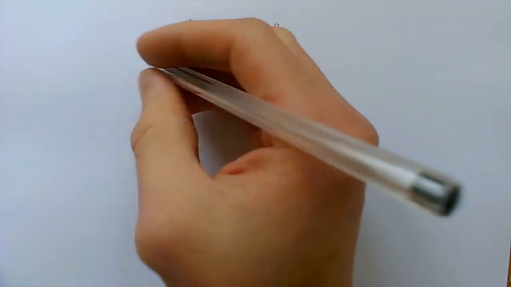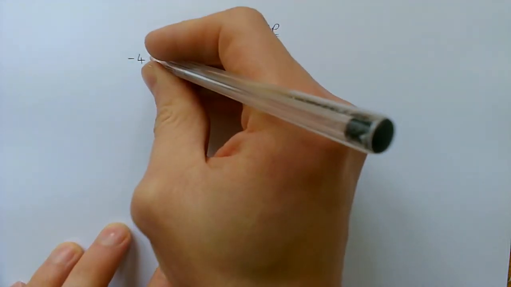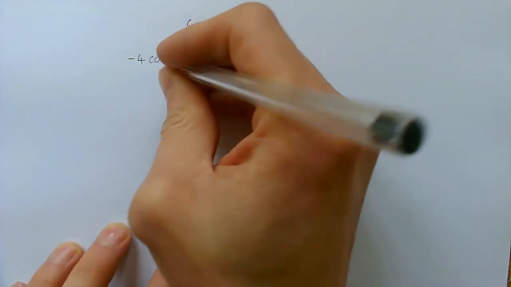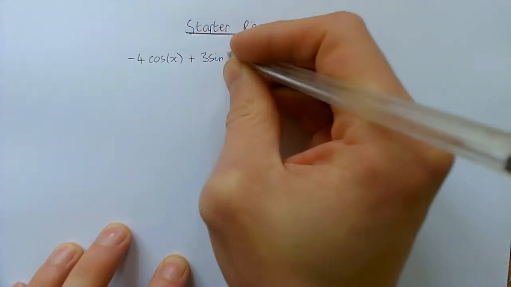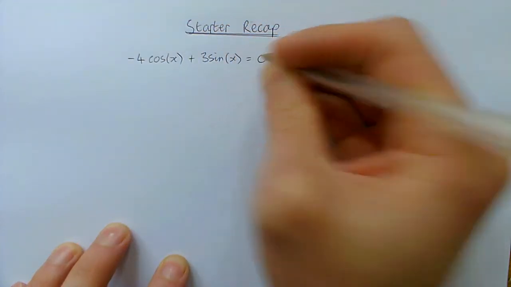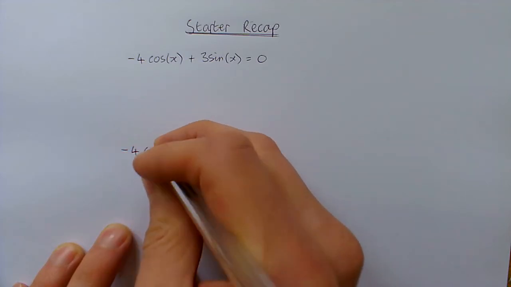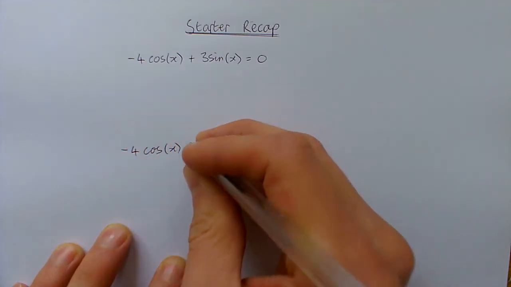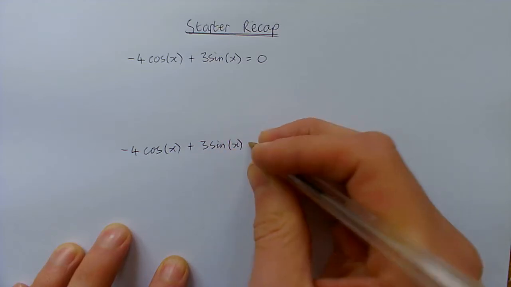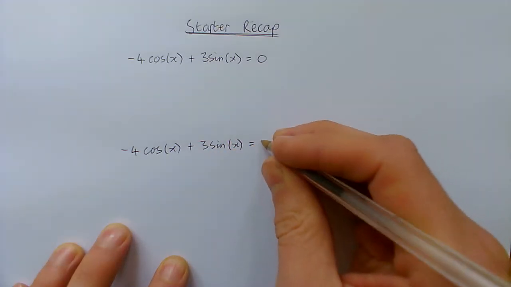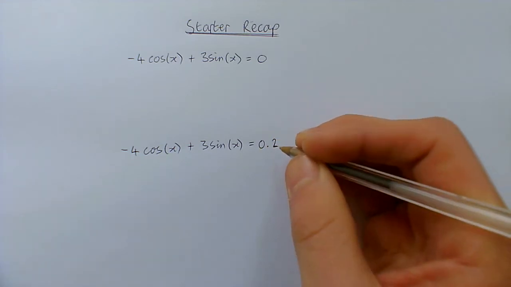So in the starter, we had two equations. We had the equation minus 4 cos of x plus 3 sine x equals 0. And our second equation was almost identical, but on the opposite side of our equals sign there, we had a number which in the question I asked was 0.2.